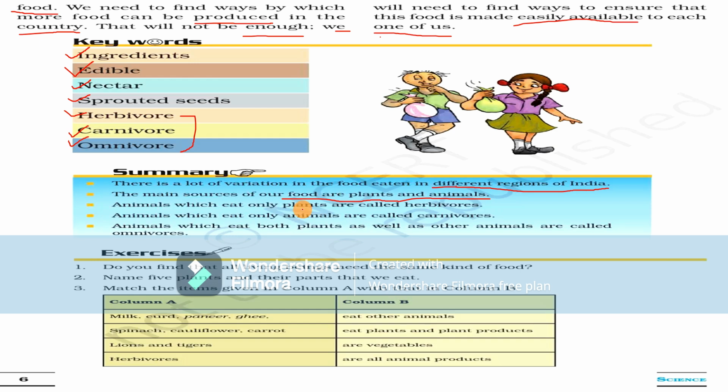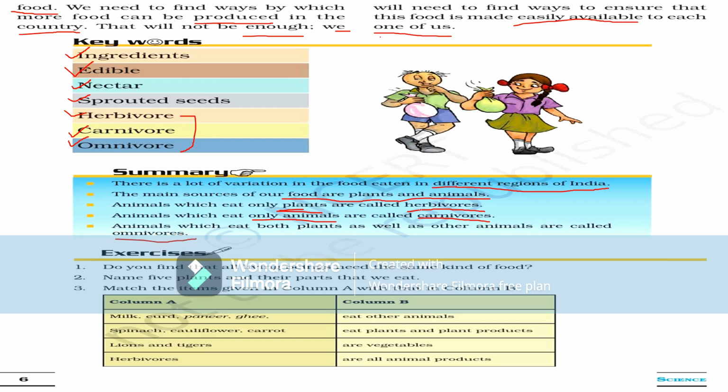Animals which eat only plants are called herbivores, as I said previously. Animals which eat only other animals are called carnivorous, and animals which eat both plants as well as other animals are called omnivorous.